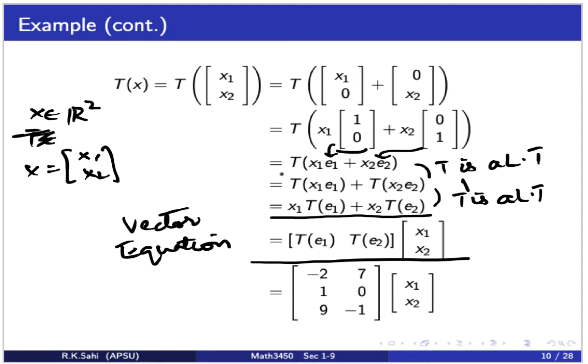And we are given what T of E1 does. T of E1 is the vector minus 2, 1, and 9. T of E2 is the vector 7, 0, minus 1.